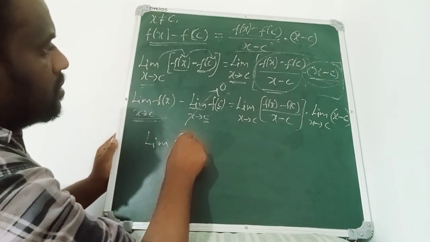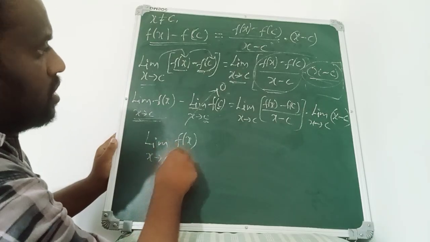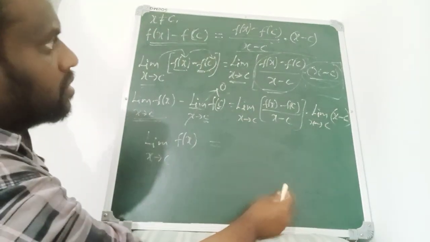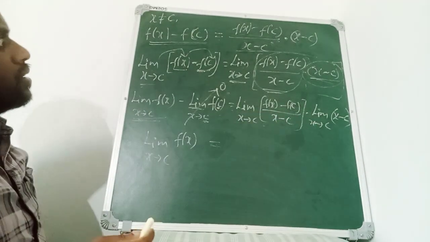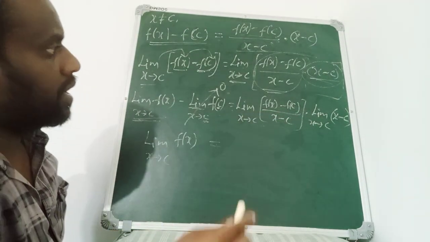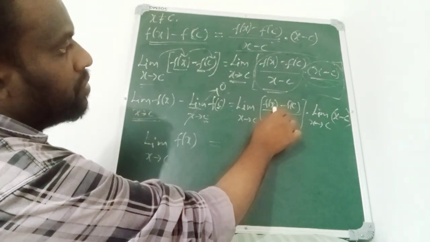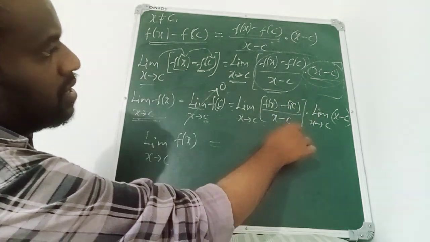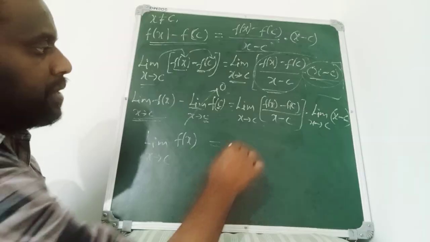Limit of this f of x as x tends to c is equal to... next, here, see the limit of this. In the beginning I showed, right, the limit of (f of x minus f of c) divided by (x minus c) as x tends to c is equal to f dash of c.